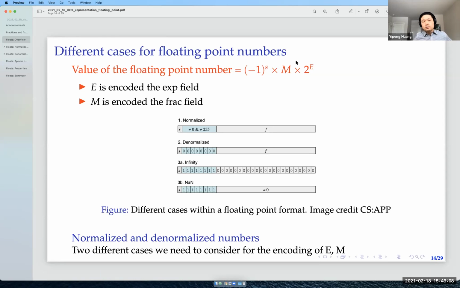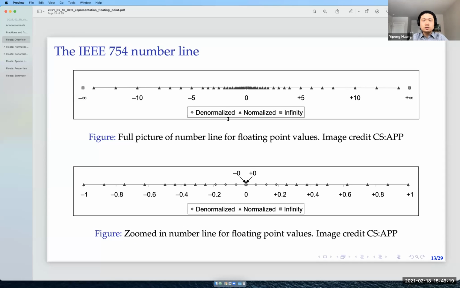So what we have to do now is continue. We were trying to get to the point where we talk about the different cases for interpreting numbers. We need to understand how to interpret normalized numbers and also denormalized numbers.